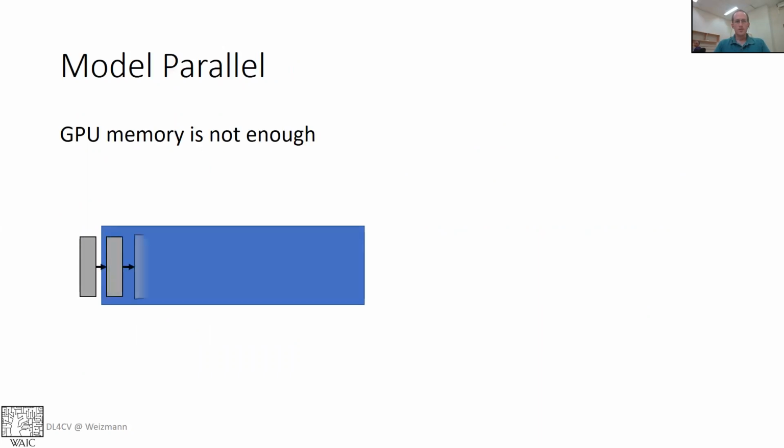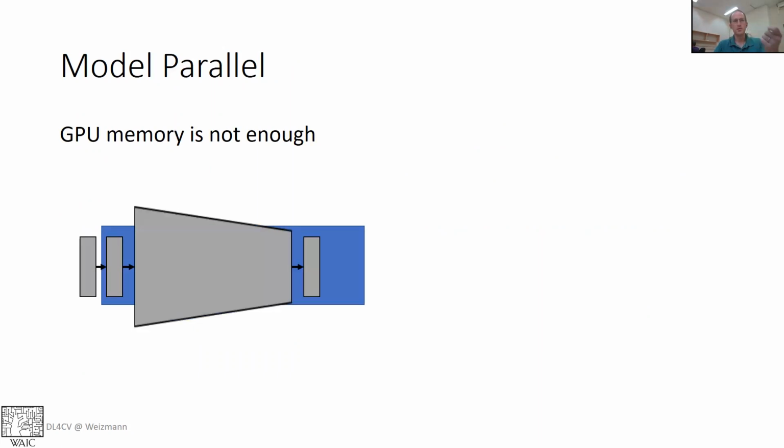So sometimes the memory is not enough. We want to process a batch, and the model, all the weights and the data simply won't fit into the memory of one card. And if you're using WAIC, this can be a very rare occasion, because we have available cards with 32 gigabytes and even a few cards with 48 gigabytes of GPU RAM.